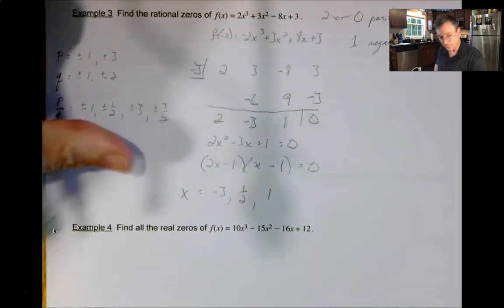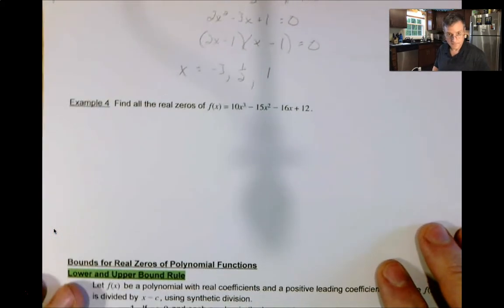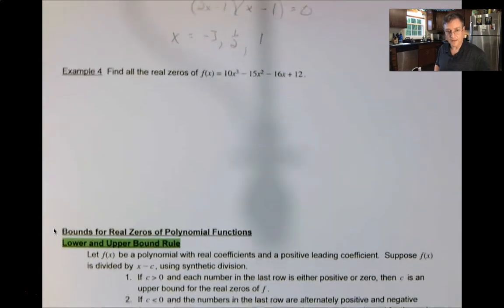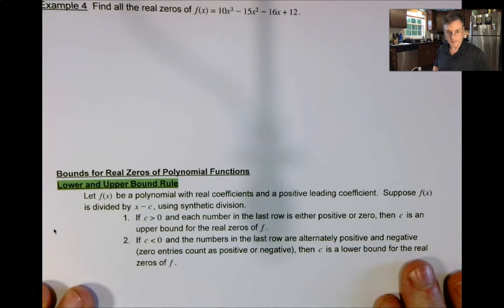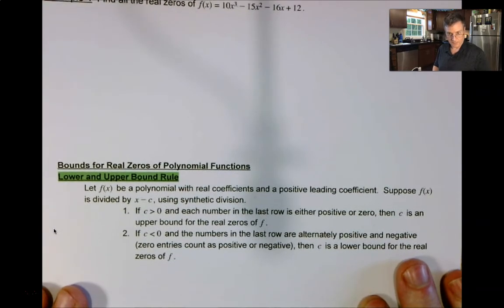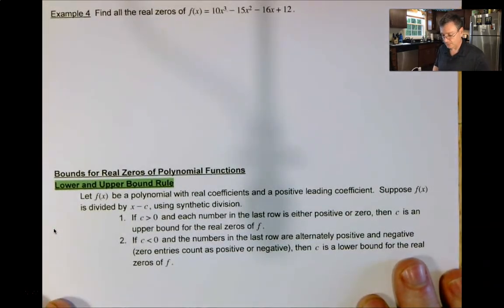All right, example 4. To do example 4, I'm actually going to take a look at the lower and upper bound rule first. I want to show you how this works.